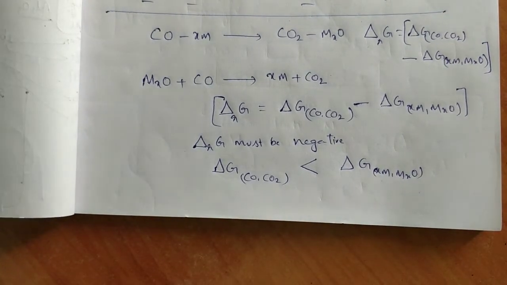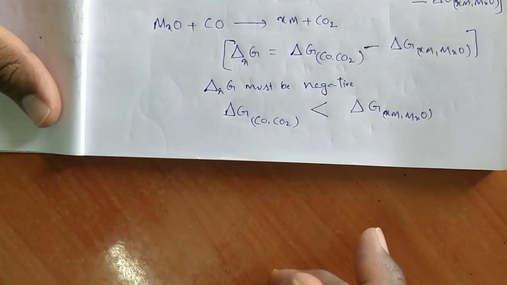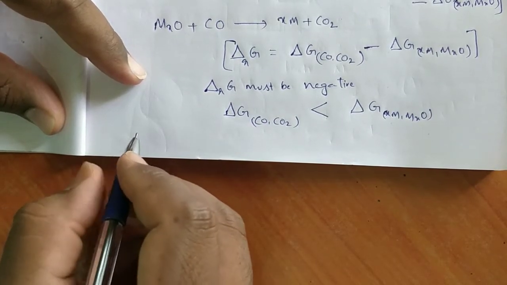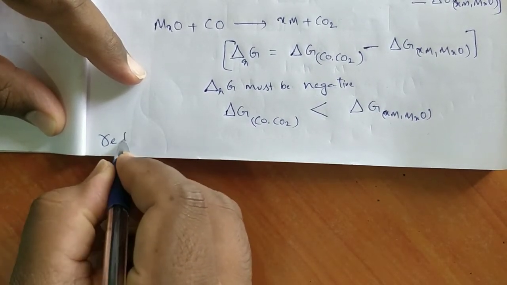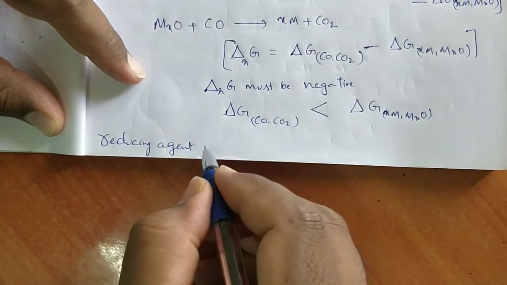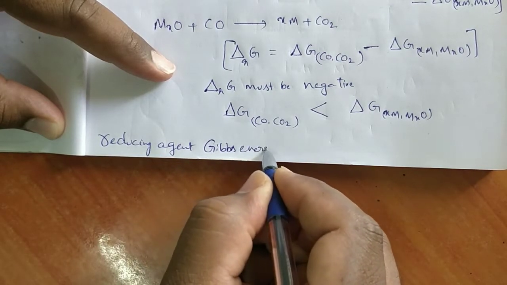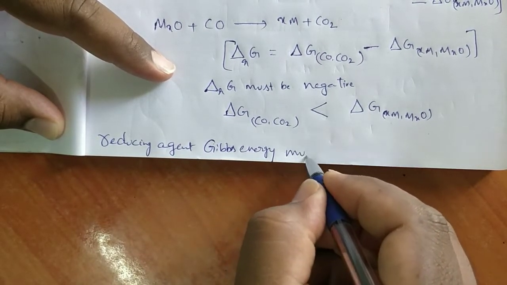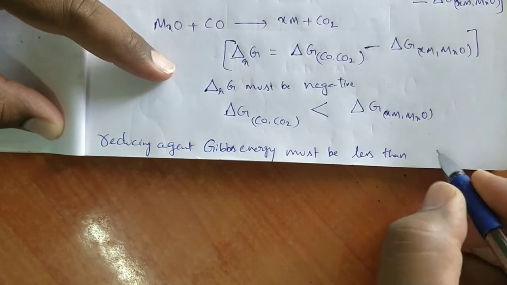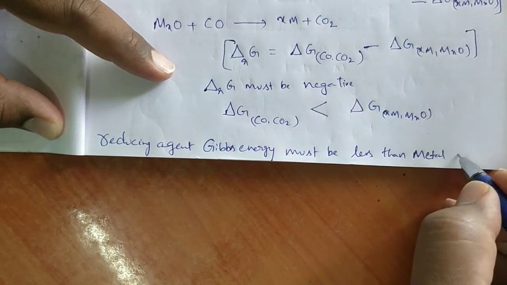So finally, what is the conclusion? From these two points, what conclusion can we understand? If you want to select a suitable reducing agent, that reducing agent's Gibbs energy must be less than the metal conversion Gibbs energy.